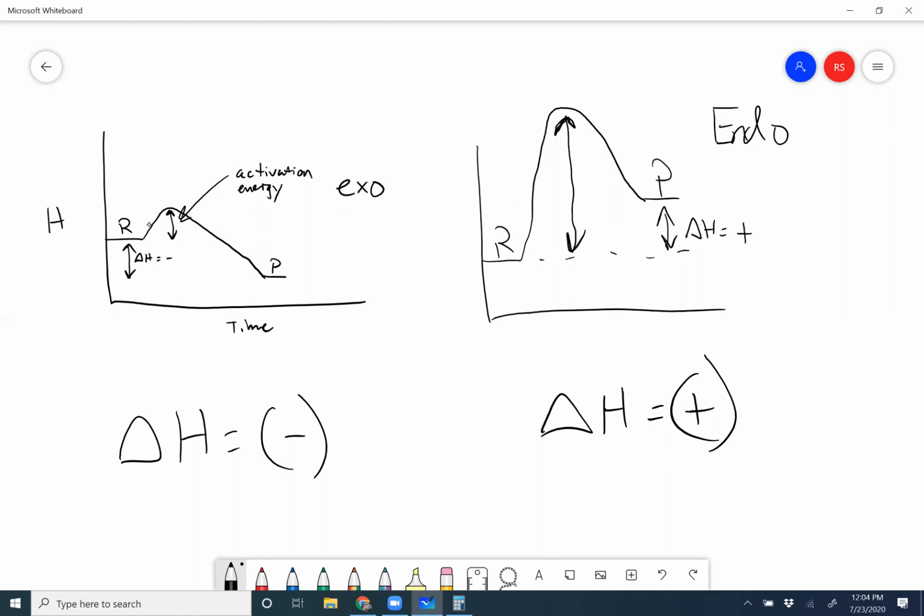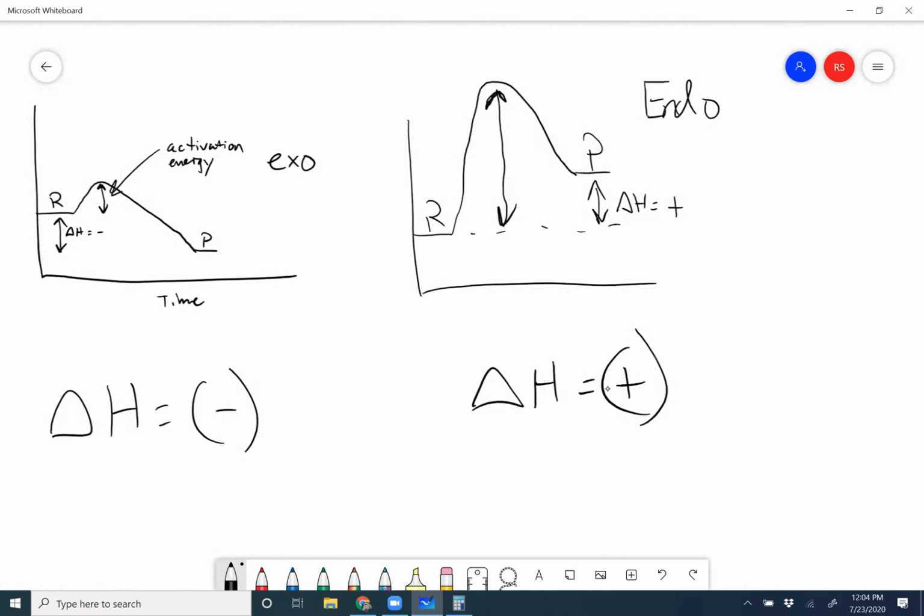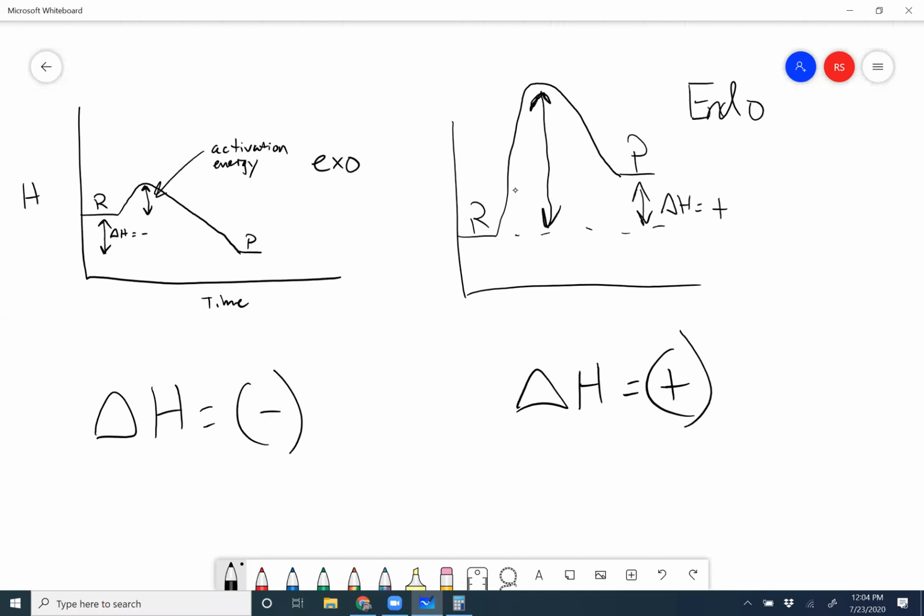In this case, we're going to get our activation energy back. So the energy put into the system is spit back out during the reaction. But in an endothermic process, we have to get the energy in, and then we'll get the energy out in the case of the difference here. But overall, we're a net loss of energy from our system being put into it.